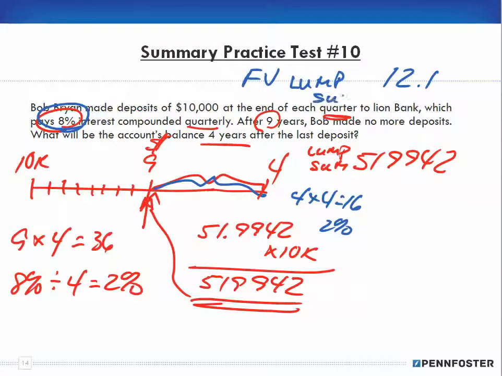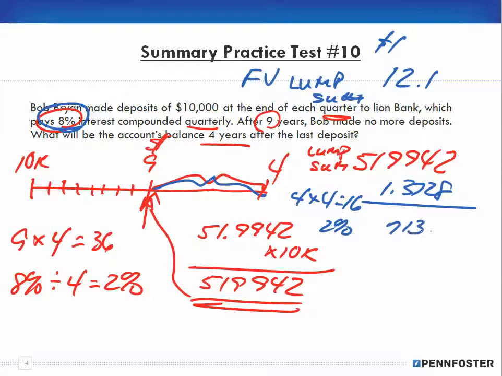Remember, when I say lump sum, the table says future value of $1. When I look up that factor, I find that it is 1.3728. So I multiply the 519,942 times the 1.3728, and he will have $713,776.37 at the end of that period.